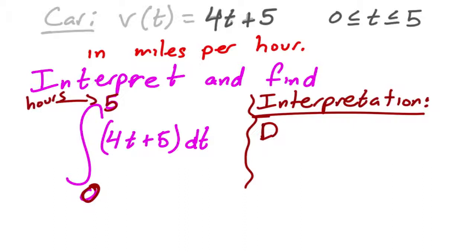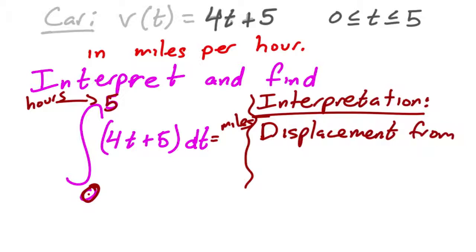So when you find the integral, the units are in miles, and these from 0 to 5, these are hours. So this is going to give you the displacement, or how far your car is from your starting point, from 0 to 5 hours. So the first 5 hours that you drive, how far did you go?